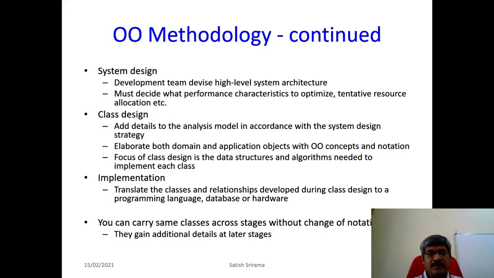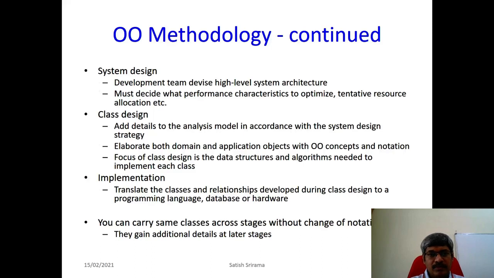Then there comes class design, where we add details to the analysis model in accordance with the system design strategy. In class design, we also elaborate both the domain and application objects, which we discussed in the analysis phase, with these OO concepts and notation.